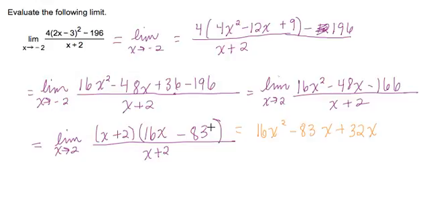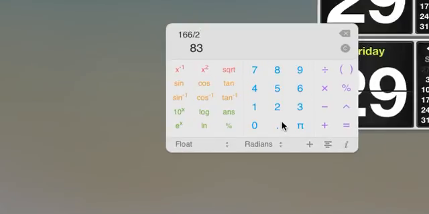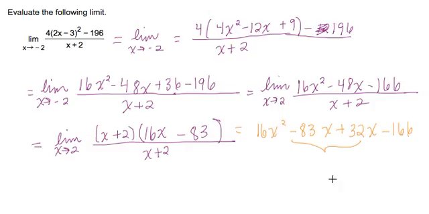And then -83 times 2 is -166. Those middle terms, let's see, -83 plus 32, assuming I did all those right. -83 plus 32 is -51, which is really close to -48, but not quite.